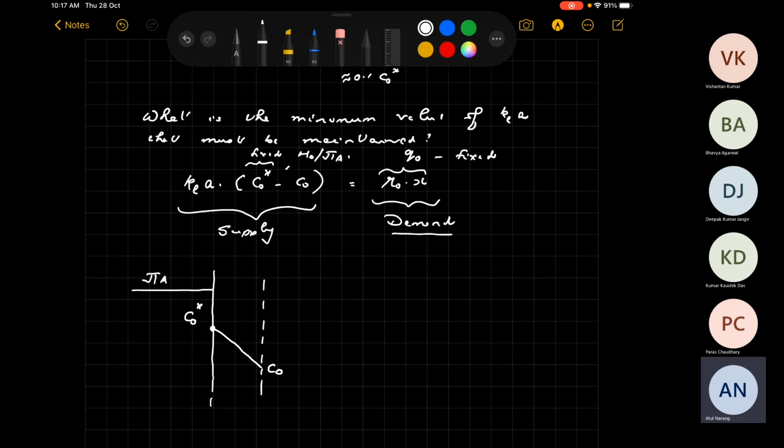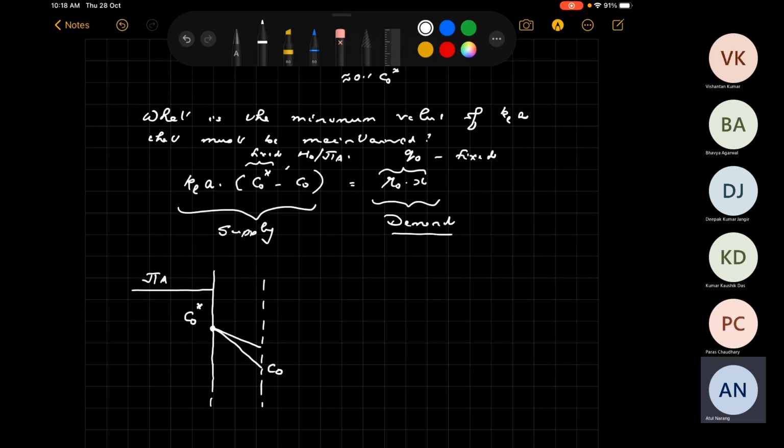Now, if you increase the value of K_L a, then clearly, keep in mind that this demand is being satisfied by K_L a multiplied by (C_O star minus C_O). If I increase K_L a, then I can live with a smaller decline, because it's the product. It's proportional to the gradient, but the proportionality constant I can change by changing the stirring speed.